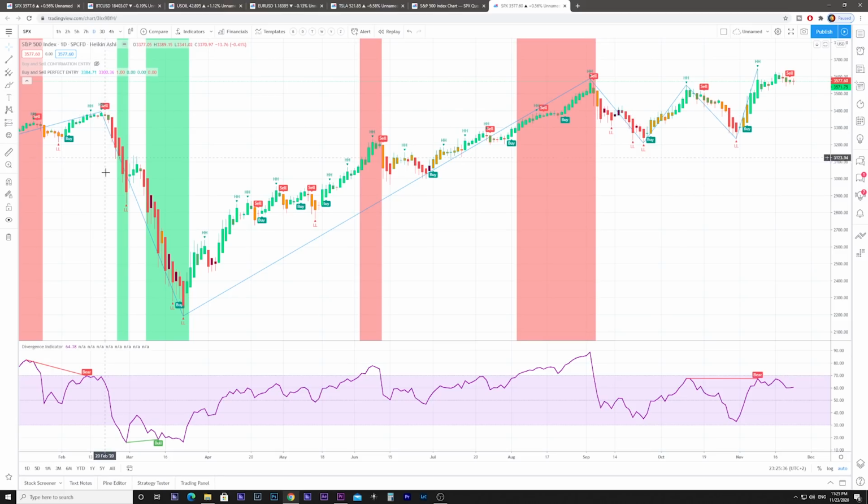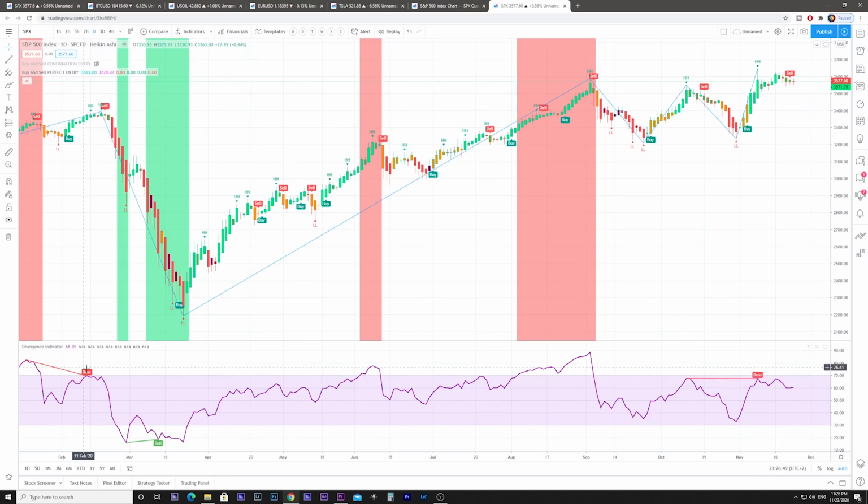I like very much to combine it with the divergence indicator, which is made by TradingView, and it is a free indicator, because you are going to see in the divergence here that the relative strength index is going lower while the price is going higher. What this means is that you see less buys, but the price is going up. Usually the price follows volume. So here we had the bearish divergence and here a sell.